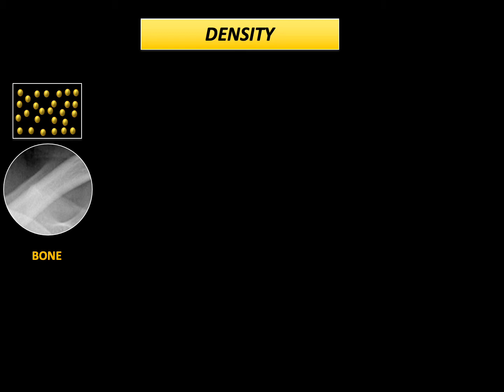When the X-rays hit the bone, it will cause the maximum absorption or attenuation of the X-ray beam, and there will be lesser amount of X-rays hitting the transparent screen. Hence, there will be lesser blackening. That's why the bones are going to look the brightest or the most radiodense, as we say.